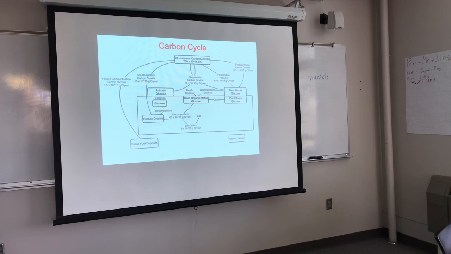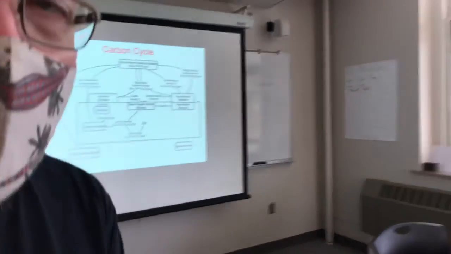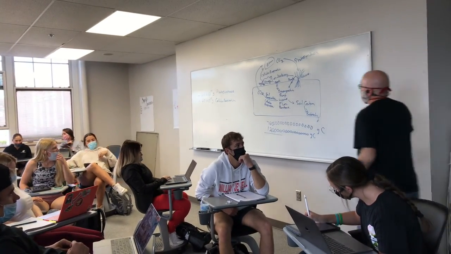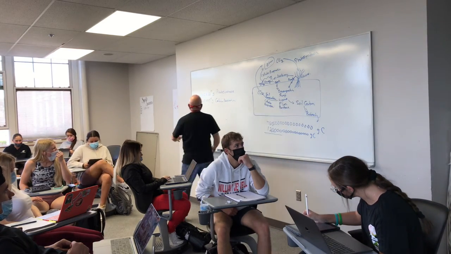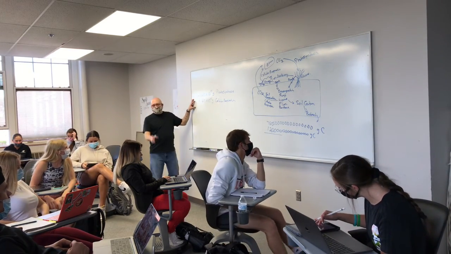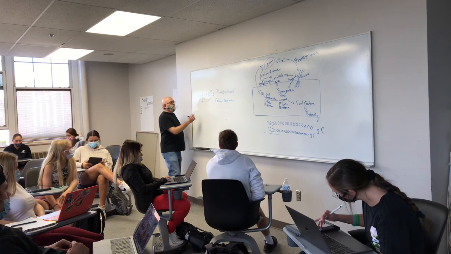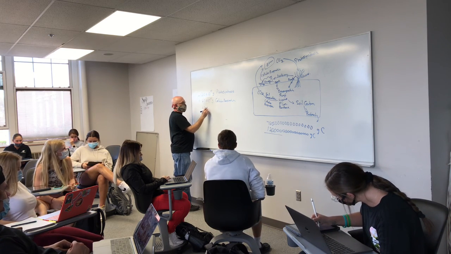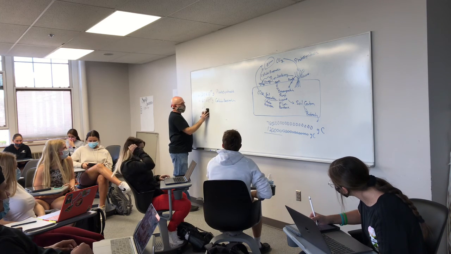Then those plants and animals on the surface and near the surface of the soil die, their bodies get into the soil, and the decomposers decompose them. The other 60 of this 120 that came into the plants is left in the bodies of all those plants and animals, and so 60 of that goes to decomposition.